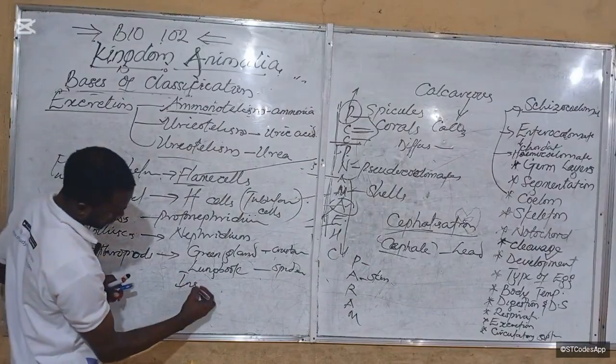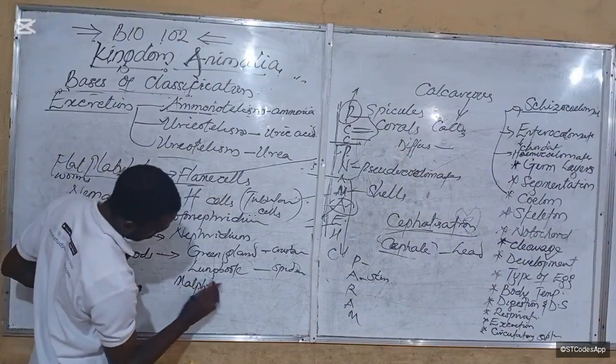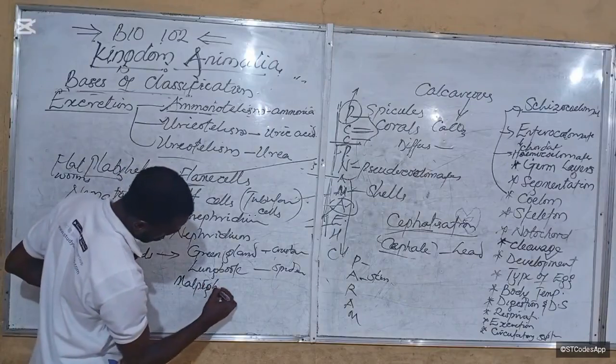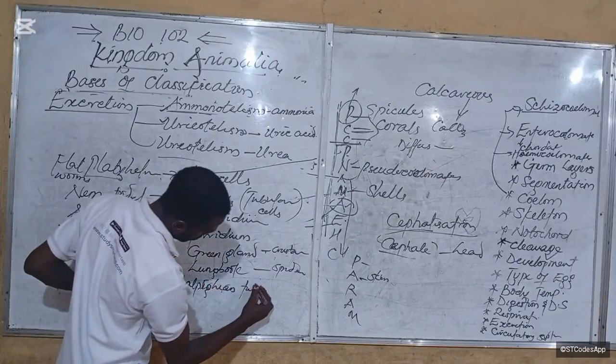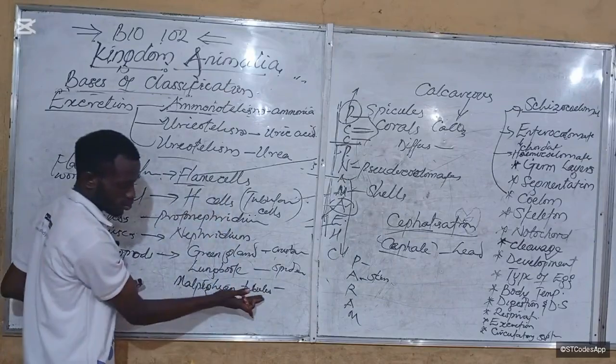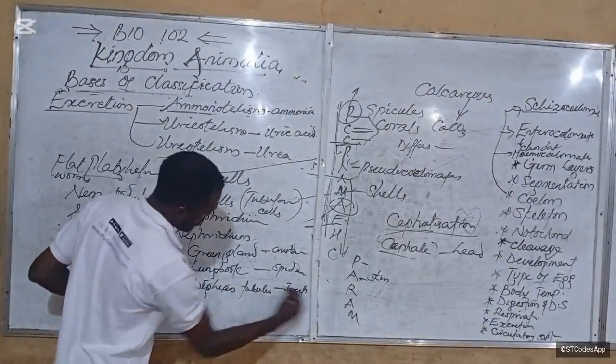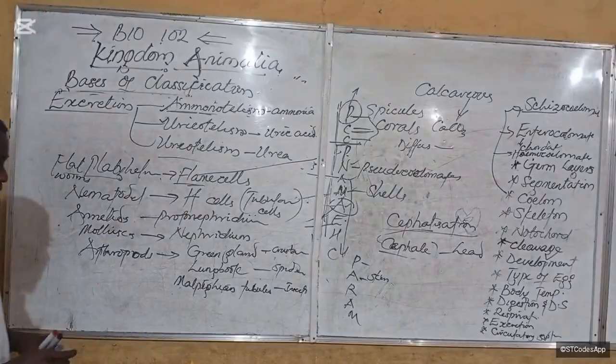Insects, they use Malpighian tubules. They're just tubes. When you hear tubules, it means tiny tubes, right? Insects under the arthropods. Okay?